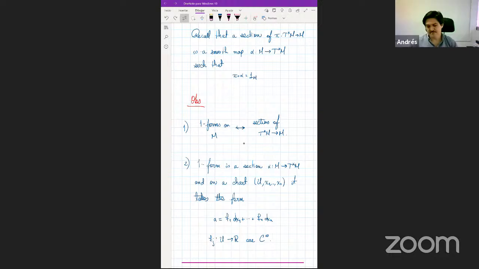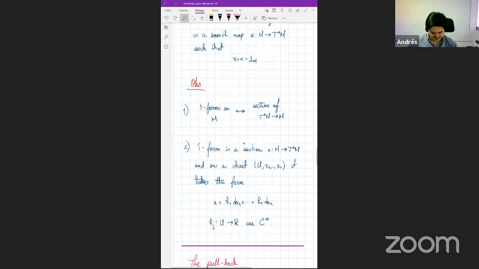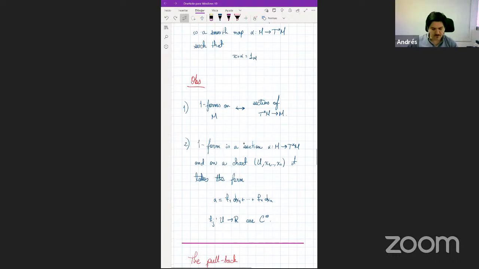Okay. So now we will move on to K-forms. Oh, wait, no, the pullback. Sorry for that. Remember that a vector can be pushed forward by a smooth map.